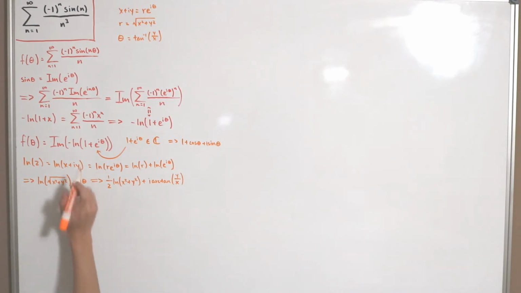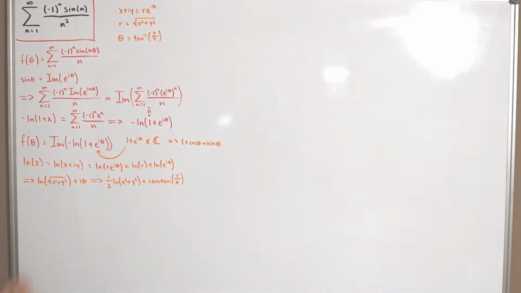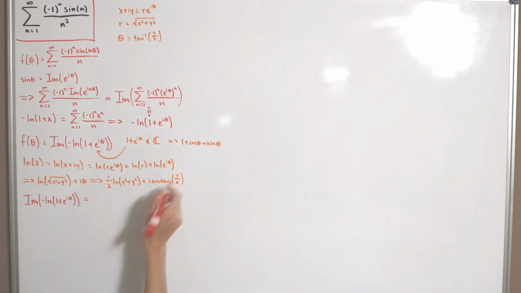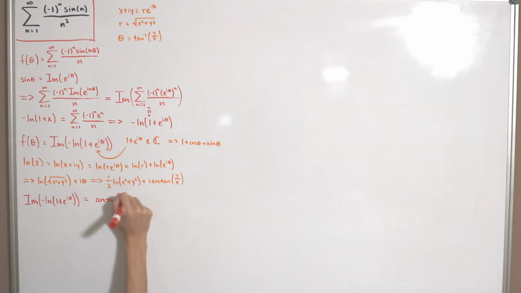This means if we were to take the imaginary part of this negative natural log of 1 plus e to the i theta, then the only thing we have to concentrate on is just the arctangent. So going back to the red, so far, the imaginary part of the negative natural log of 1 plus e to the i theta is simply equal to arctan of y divided by x.